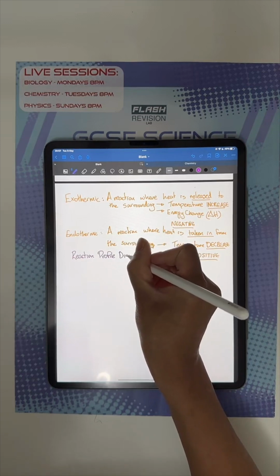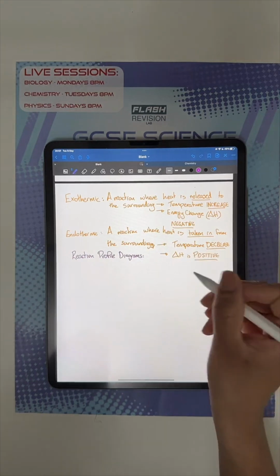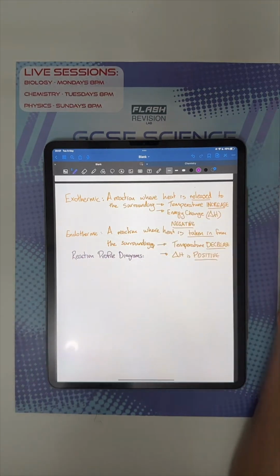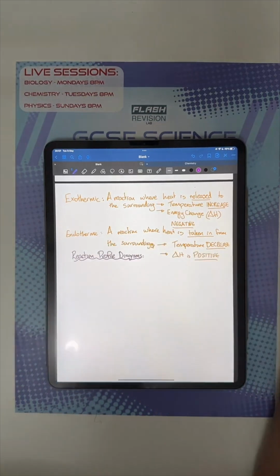So the reaction profile diagrams, what do they show? Activation energy is on it, yeah, but what is the whole graph supposed to show? You're basically telling me what's on it.